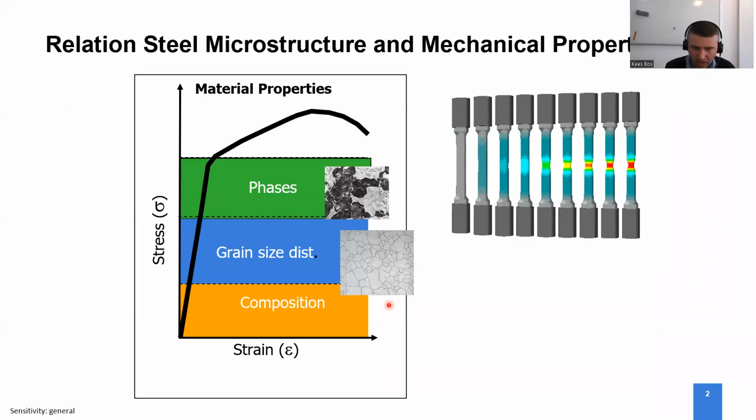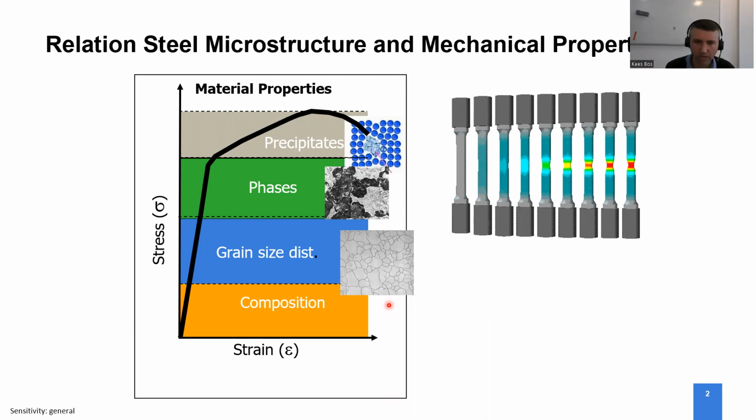Then luckily in steel, we have all these different phases to play with: ferrite, retained austenite, martensite, bainite, cementite, which have a major impact on the mechanical properties. And as an added degree of freedom in the design of steel with specific properties, we can also play with precipitates like niobium carbides or titanium carbides that can further enhance your properties.